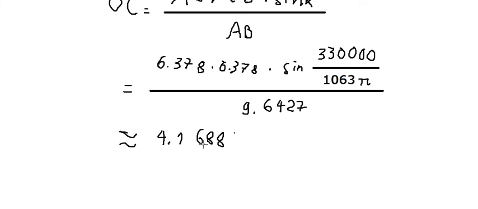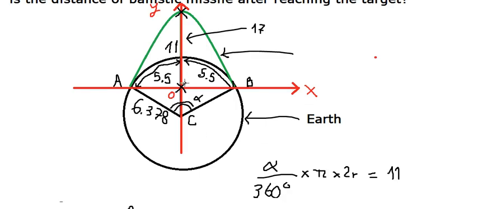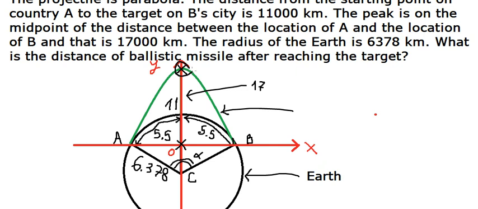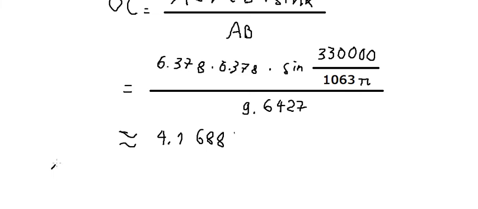So we put this number in here, and we can find the distance from the peak to this point in here. So we have 17 plus the radius of the Earth, that is about 6,378, minus OC in here.